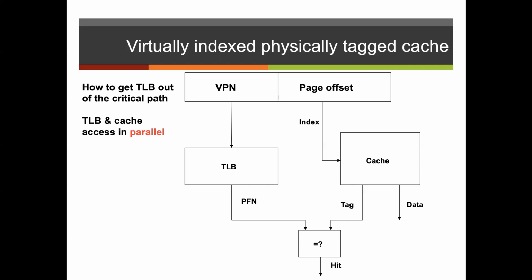And so we'll have the TLB and cache access in parallel, with our index to the cache being virtual and the tag represented from our PFN. And so by implementing this, we're able to allow a complete cache memory cycle to be saved by allowing it to be accessed in parallel.